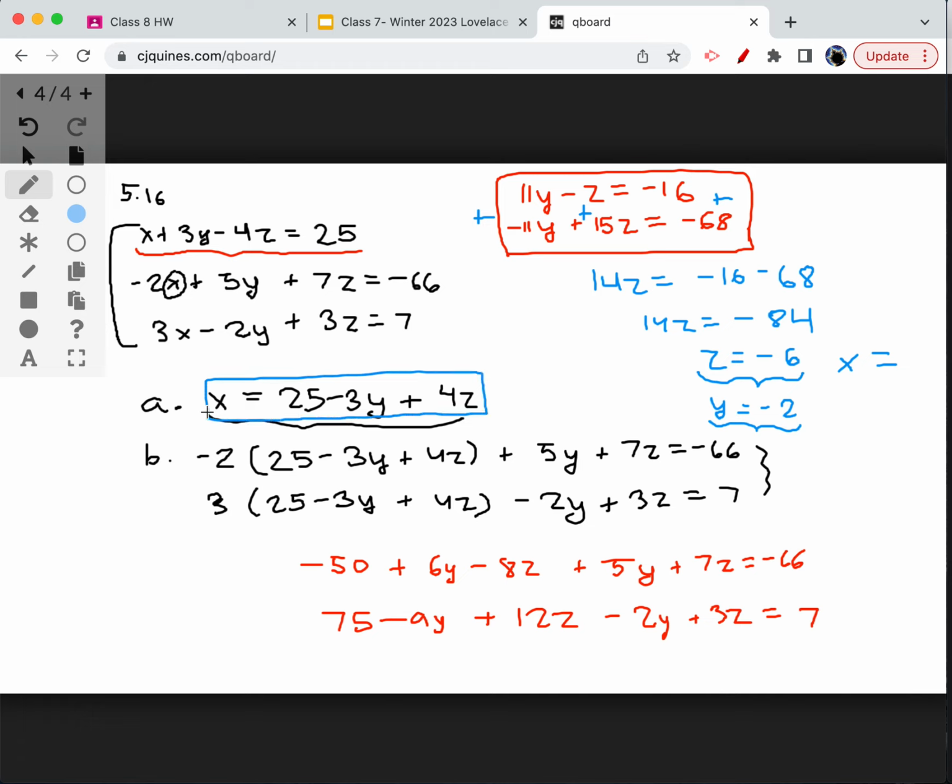Since we know that x is 25 minus 3y plus 4z, then x is equal to 25 plus 6 minus 24, which is just 7. So x is equal to 7, y is equal to minus 2, and z is equal to minus 6. Does anyone have any questions on this problem?